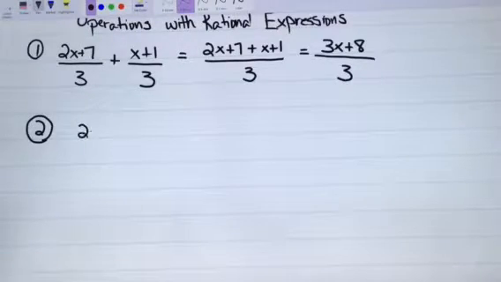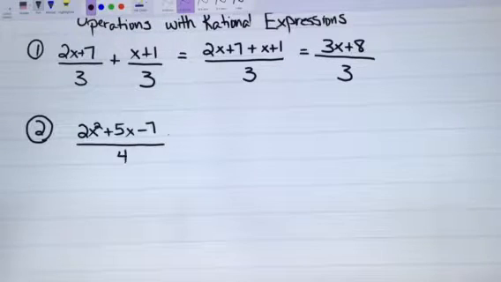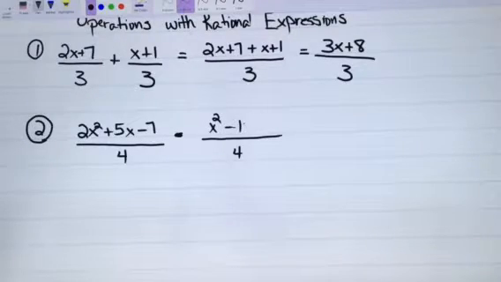Let's say I have something like (2x squared plus 5x minus 7) over 4, and I have subtraction, so I'll be subtracting the fraction (x squared minus 14x plus 7) over 4.